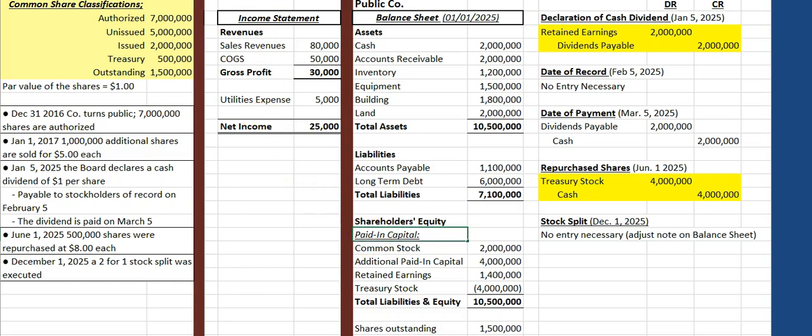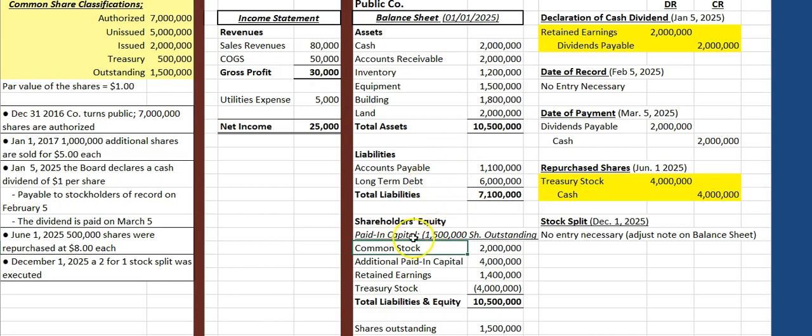And in that note is going to say something like 1,500,000 shares outstanding at $1 par. Okay?